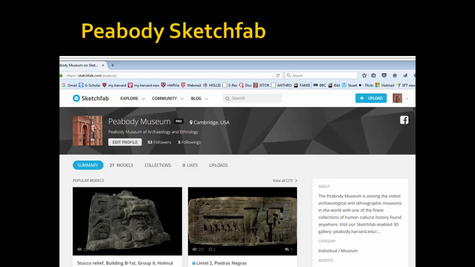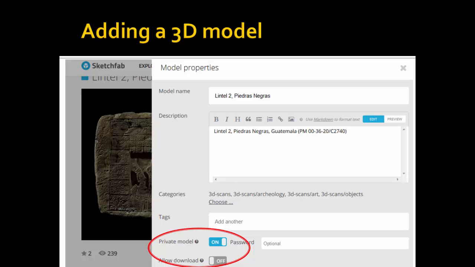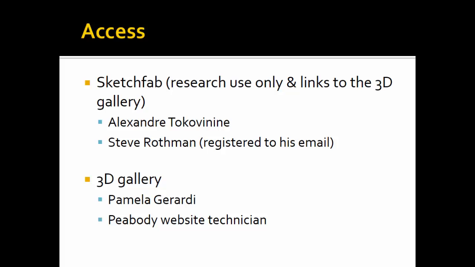They are not accessible through Sketchfab, so people who view our Sketchfab account online will not see anything. The account is registered to Steve Rothman, and I'm the only other person who has access to the account.